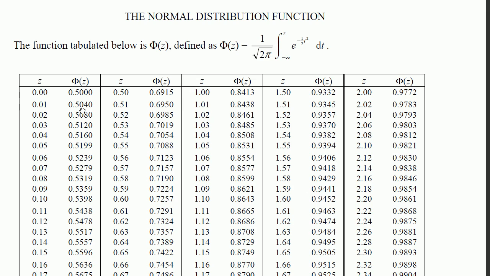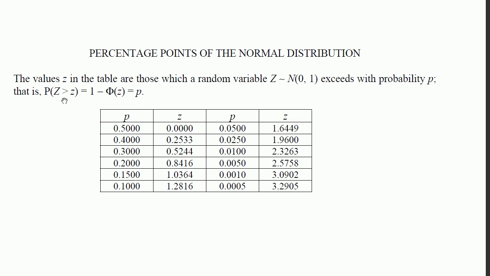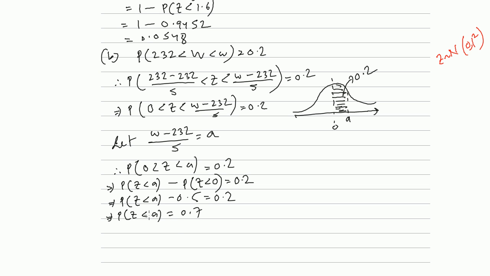Even if you had a probability of 0.7, you would be looking for something like 0.52 or 0.53. So this is one thing. Another thing is that for this table you have to have z is greater than, so for the type 2 sum where the probability is given and you have to find the mean or variance or any random variable, you have to remember it has to be greater than. So let's get back to the sum. So we want to use the other table and it has to be greater than, so this is less than. So let's make it greater than. Whenever we do 1 minus, it becomes greater than.